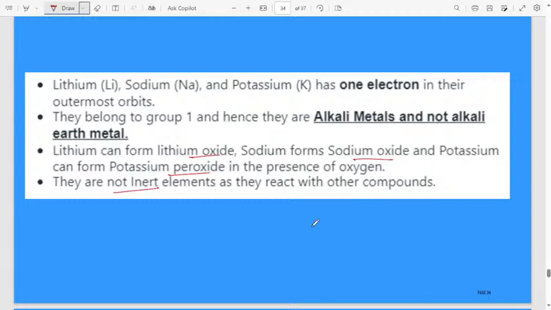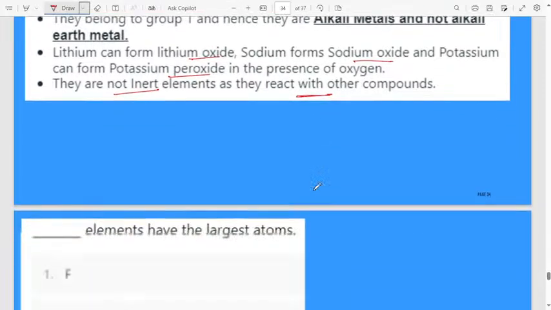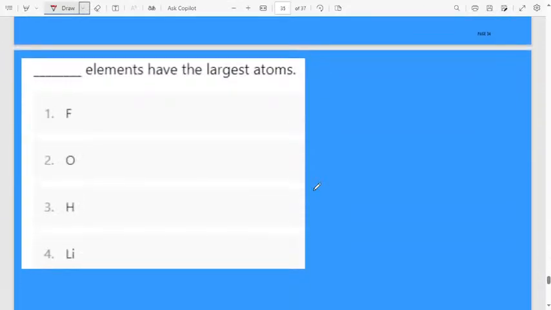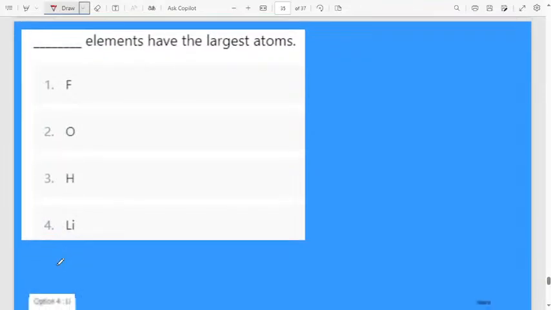They react with other compounds. Inert elements means they will not react with any other element, but these are not inert, they can easily react with another element. Next, which of these elements has the largest atom: fluorine, oxygen, hydrogen, lithium.